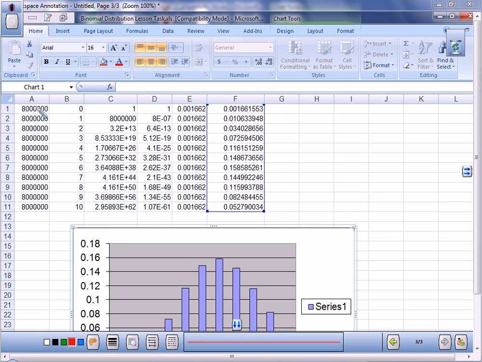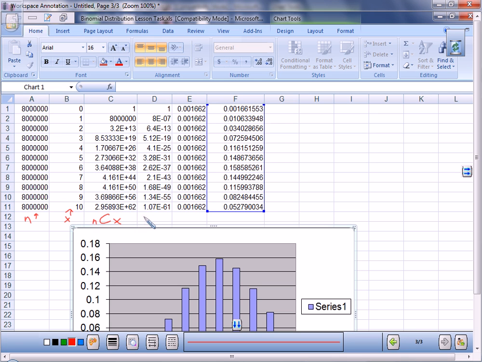All right. What did I do? This is my total N here. This is my number of successes here. So what I did here is I did the combinations of N choose X. That's what this row comes from.